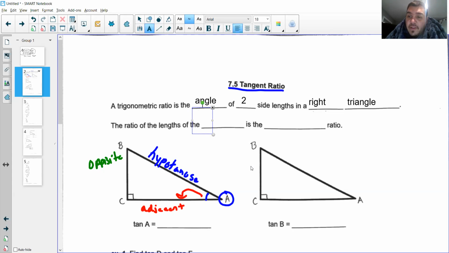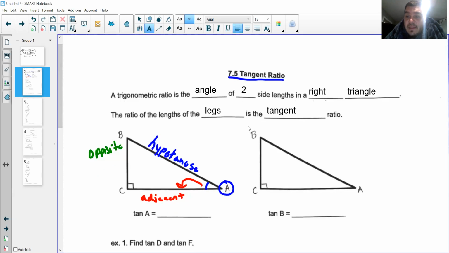The ratio of the legs, and you remember these are the legs, is called the tangent ratio.